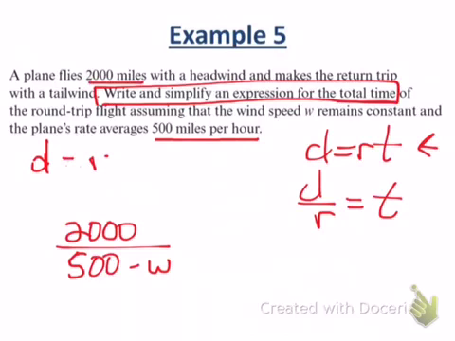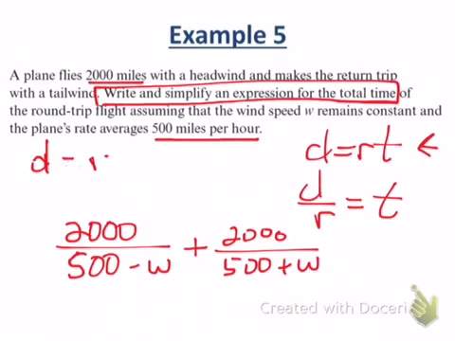The total time is the time going plus the time coming back. The time coming back is 2,000 over, coming back, they're flying with the wind helping them. So the rate is 500 plus W. Now, to get a common denominator here, it's going to be what? 500 minus W times 500 plus W. I just have to multiply the two denominators together.